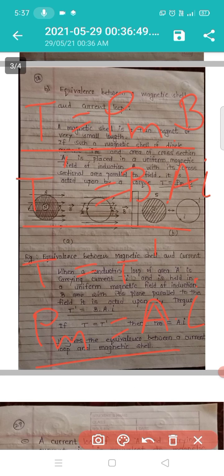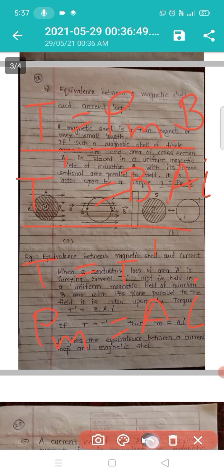The SI unit of magnetic dipole moment is ampere meter square. Extending this analogy for a magnet, the dipole moment can be equivalently considered to be a coil wound round the magnet with its length as the axis and carrying current I, called the surface current.